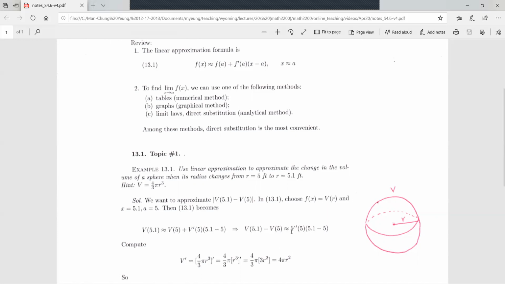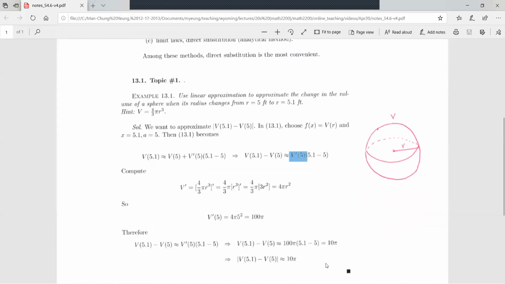Now let's compute the derivative. Take derivative of the volume with respect to R, then we get 4 pi r squared. Plug in 5 for r, then we get derivative at 5. It is 100 pi.